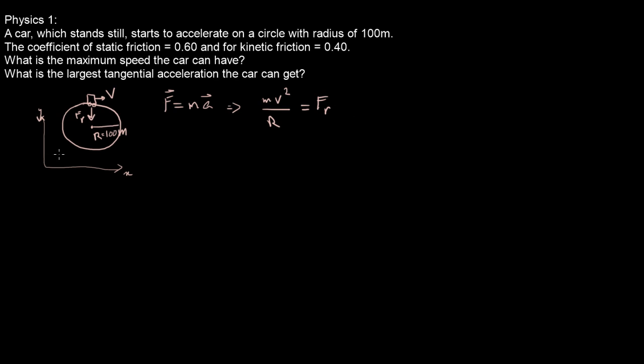So now I have x and y. Let's do another figure, z. This is now toward the sky, and here is the surface of the ground, here is the car, it's moving in this direction. The car is being pulled down by gravitational force mg, and the surface is pushing it up with normal force. Since the car doesn't move in the z direction, it has to be equal to mg.